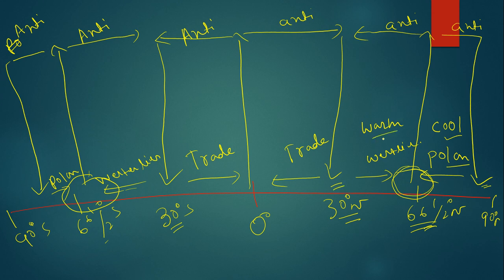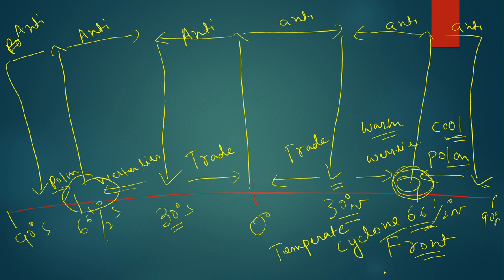Because of the convergence of the warm and cool air over this place, there will be the formation of the front, and because of the formation of the front, there will be one very important climatological phenomenon that will be known as the temperate cyclone. And this belt is very popular from the point of view of the formation of the cyclone. This zone and this zone.